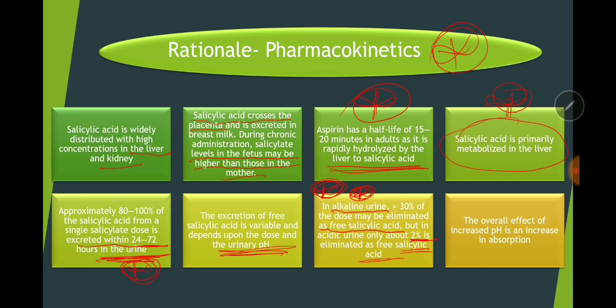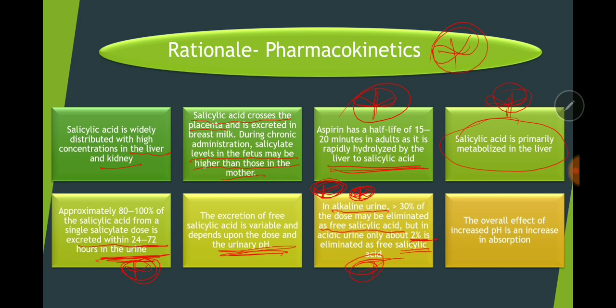So in alkaline urine, the acidic metabolite of aspirin is going to be excreted. In acidic urine, you're going to have more absorption, so less of the aspirin or the salicylic acid is going to be excreted. Okay, so this principle here, you have to understand it.